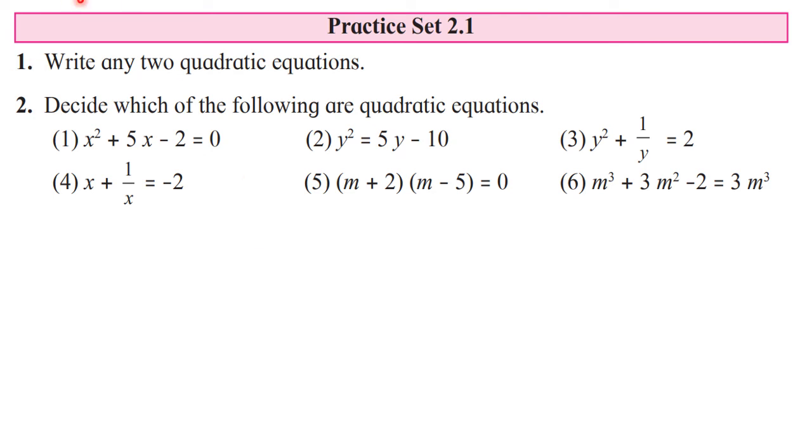Okay, so the first question here is: write any 2 quadratic equations. Such questions are called open-ended questions. That means every student is going to have a different answer. So this you have to do by yourself. You can write down any quadratic equation. Only keep in mind the general form, that is ax square plus bx plus c is equal to 0, and the important condition is a cannot be 0.